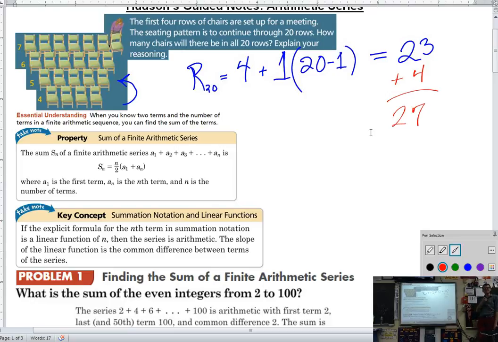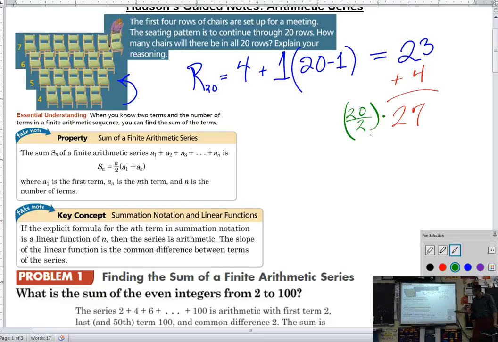How many sets of those would I have when I take a chair away and move up a row, and add a chair and move back a row? How many sets? It's the 20 rows divided by 2, because every set is using 2 of them. So that will be 10 times the 27.